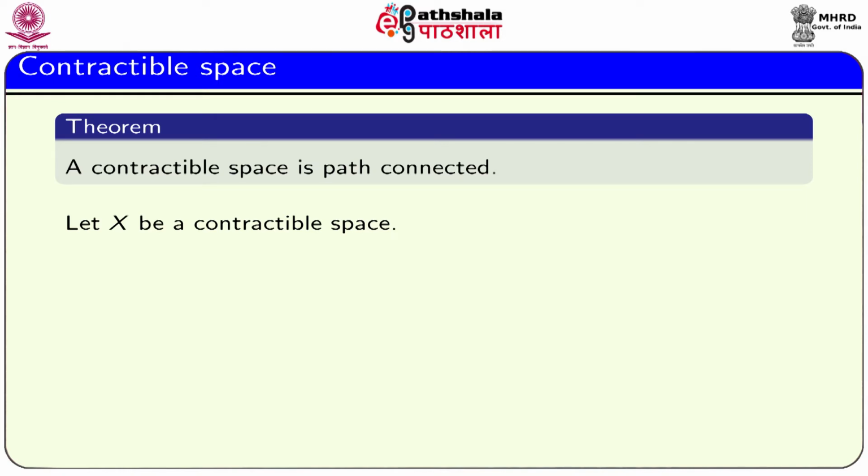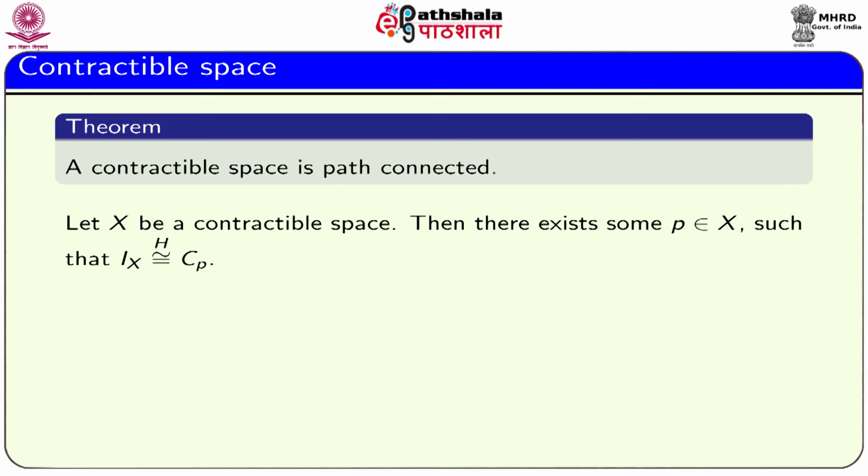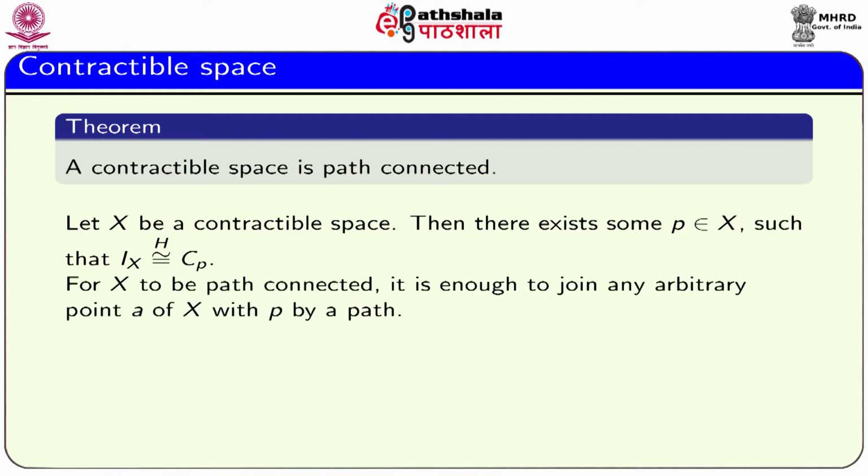Now, if I start with a contractible space capital X, then by the definition of contractibility, we must have a point P in capital X such that the identity function on the space capital X, that is I_X, should be homotopic to the constant function C_P, and we denote that homotopy by capital H. For capital X to be path connected, it is enough to join any arbitrary point A of capital X with the given point P by a path, because we know that if we have any two points A and B in the space capital X and we want to join them by a path, it is enough to join A with P and P with B and take the product of paths.